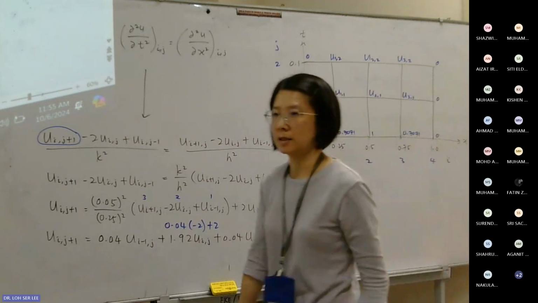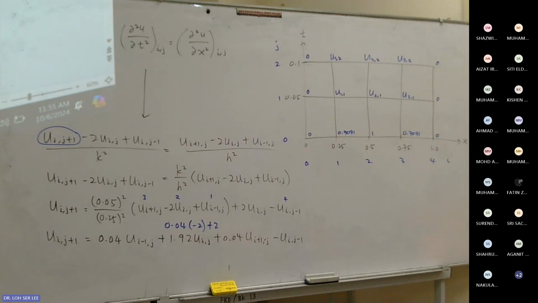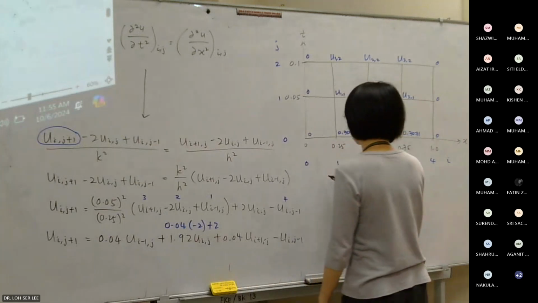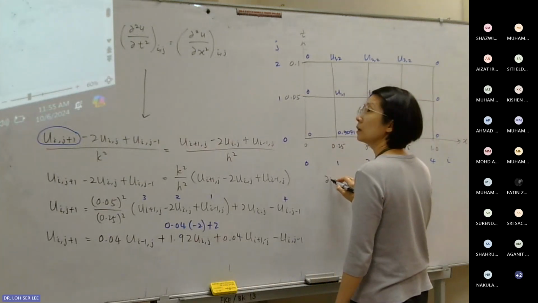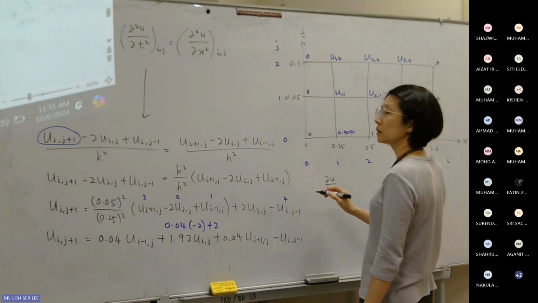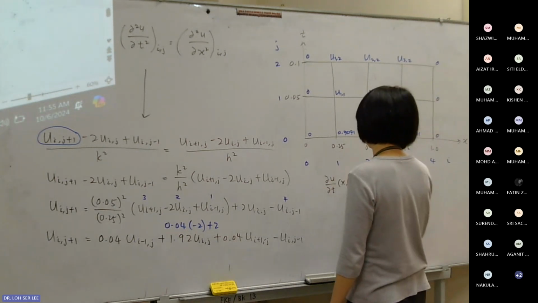The second formula, find from the initial velocity. Okay, your initial velocity is 0. Del u del t at x, 0.